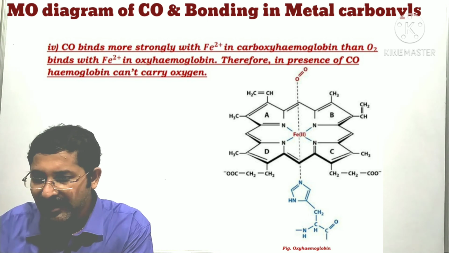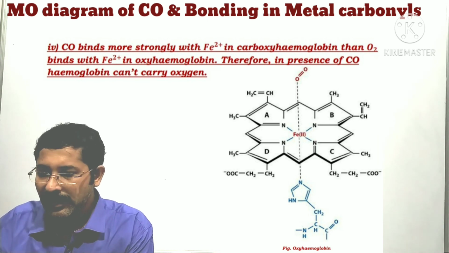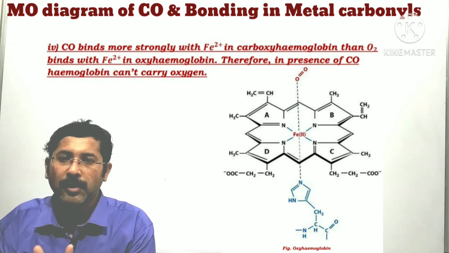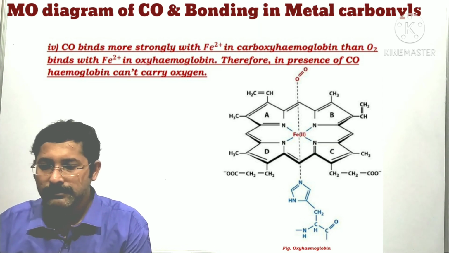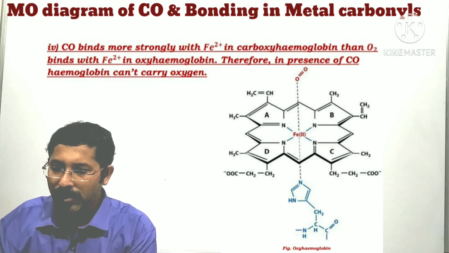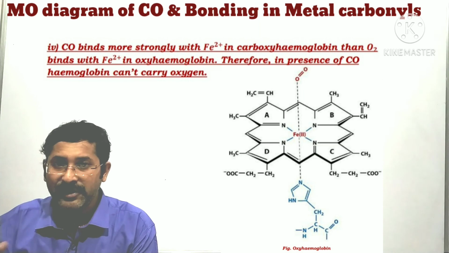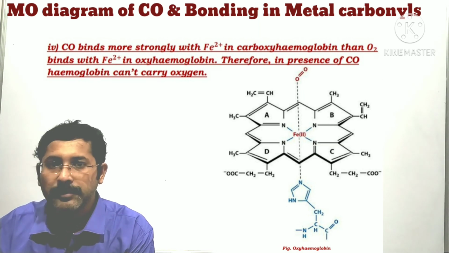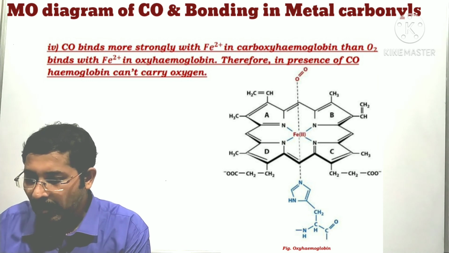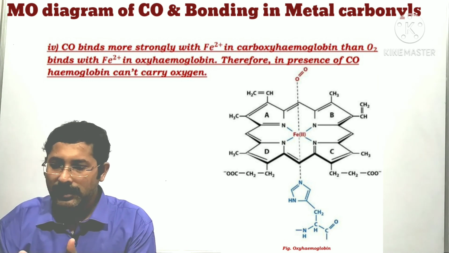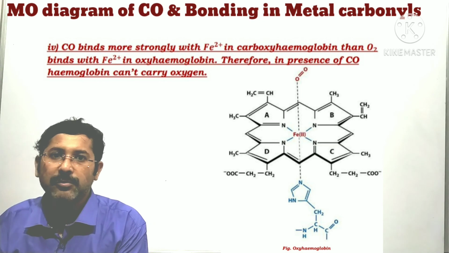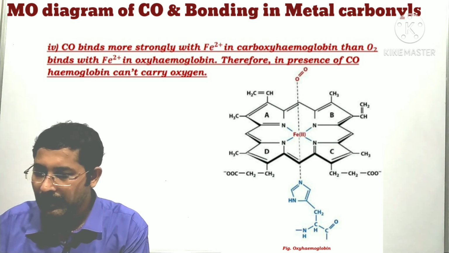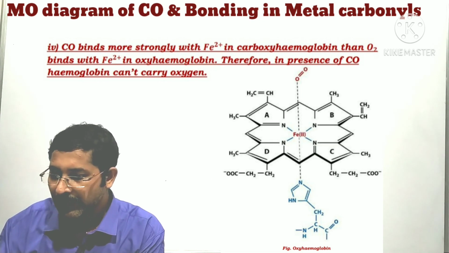As a result, the hexa coordination of iron occurs, and this hemoglobin molecule carries oxygen when oxygen binds with the Fe2+ ion. So this is your oxyhemoglobin molecule, and oxygen is carried in the blood by forming this oxyhemoglobin molecule, as you know from our biological knowledge.